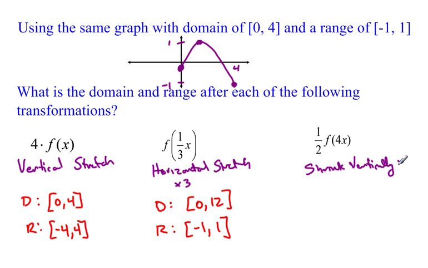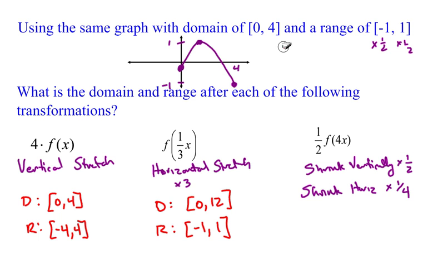So that's going to affect our range. So we're going to multiply that times 1/2. And it's going to shrink horizontally. And that's going to be by 1/4. And so we're going to multiply both of these by 1/4. Or divide by 4 if you like that better.